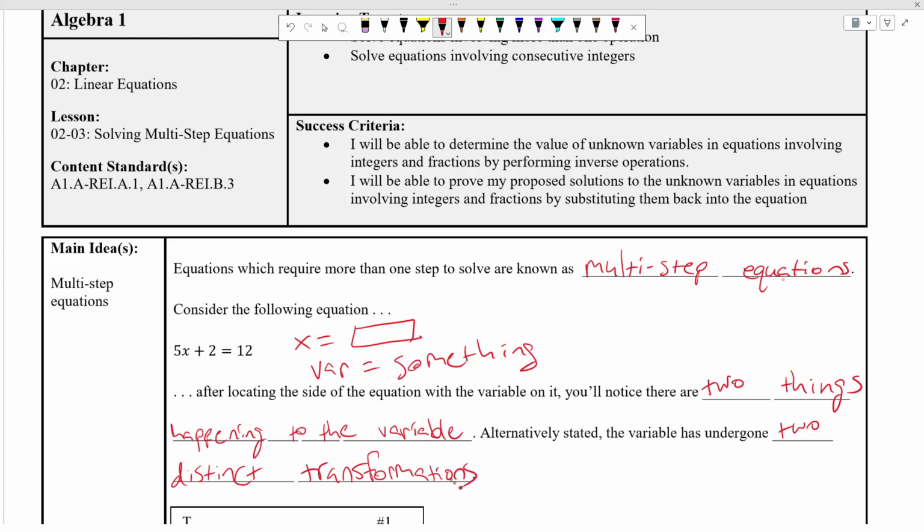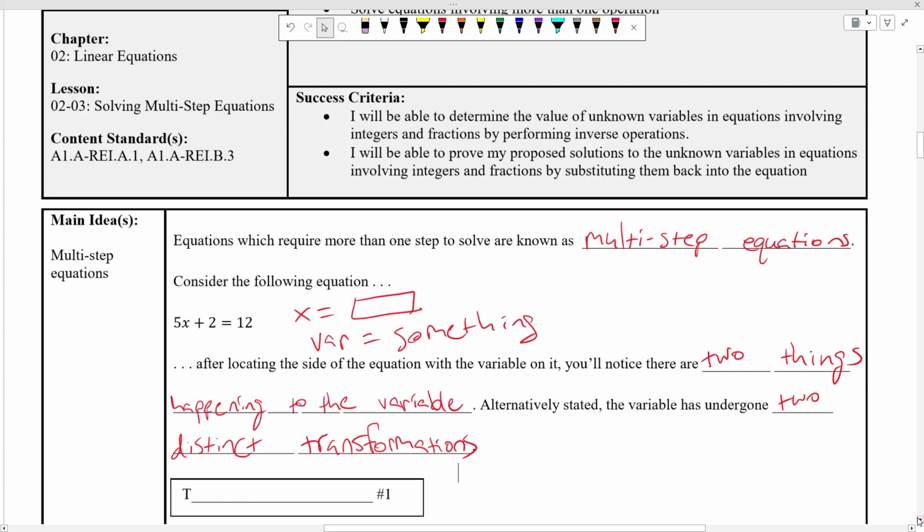I use that because in algebra you will work with this idea of transformations, and not just algebra, but beyond algebra, algebra 2 and calculus and so forth. So I am getting you to have a sense for these higher level terms here. So transformations. There are two transformations happening to this variable.